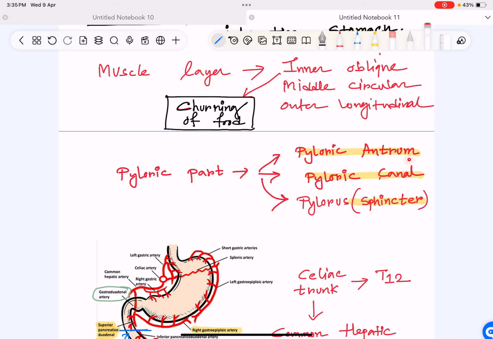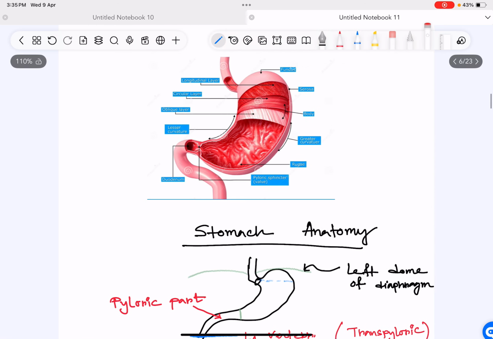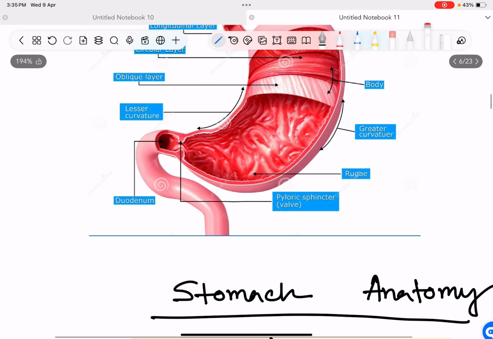Then after antrum, it is a narrow part. Suppose first part is dilated. Okay, this is the antrum, and then it becomes narrow. This narrow part is called the canal, and this is the sphincter. The sphincter is known as pylorus.